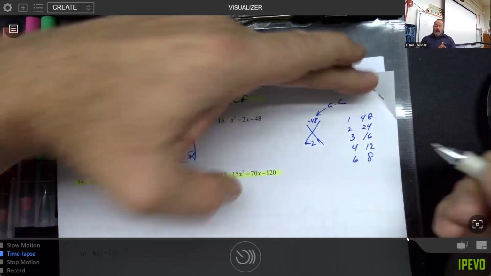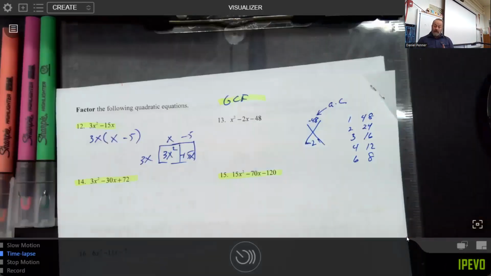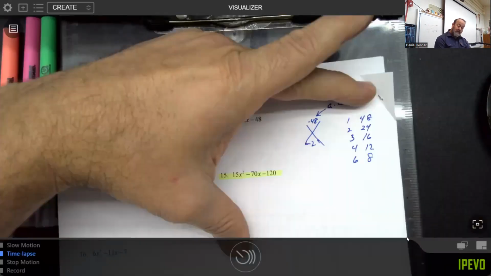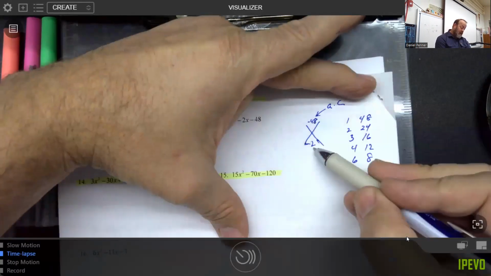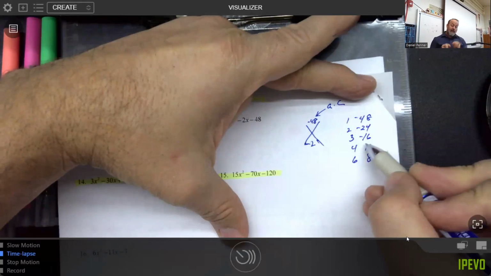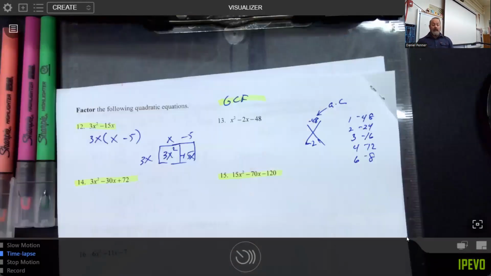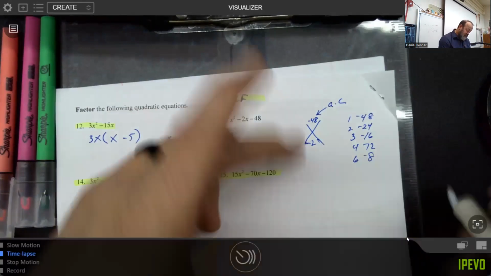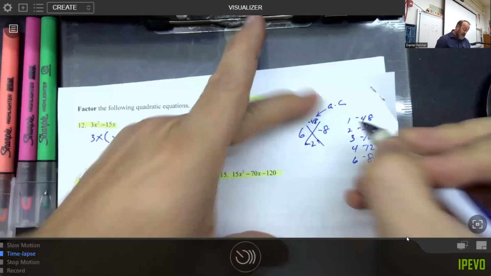Because their product is negative, one of those numbers has to be negative. In fact, the larger of the two has to be negative, because if you add numbers and get a negative, the bigger number has to be negative. If this problem is factorable, it has to be one of these. I think we can very quickly see that 6 and negative 8 are our values.